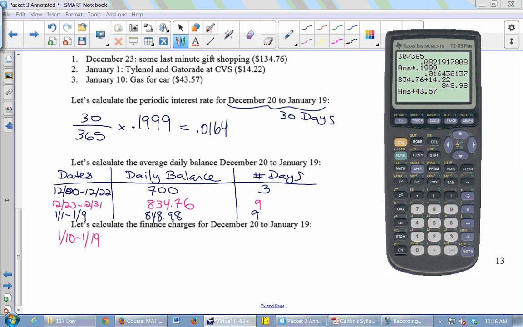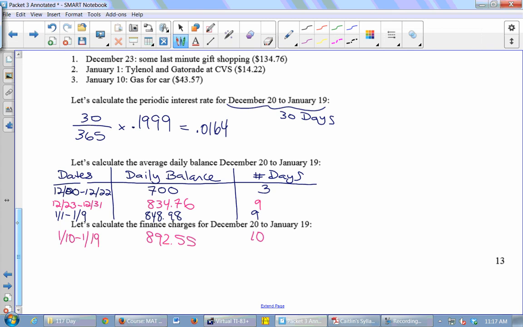So my balance for the last 10 days of the billing cycle is $892.55, and that's 10 days. And really, if you have trouble doing the subtraction and figuring out how many days it is, just count them. It's not that many to count. 10, 11, 12, 13, 14, 15, 16, 17, 18, 19, 10 days.